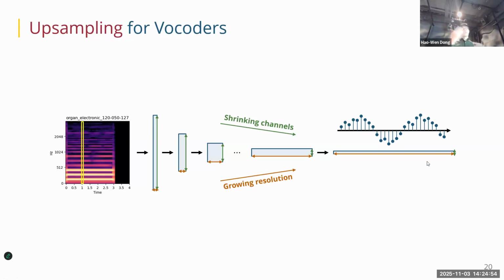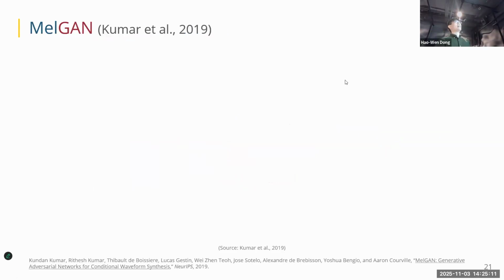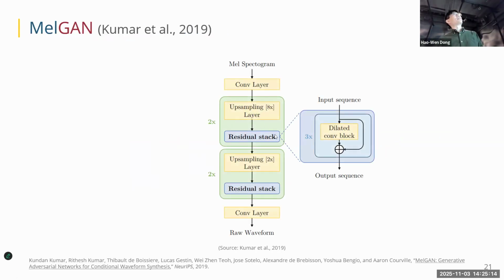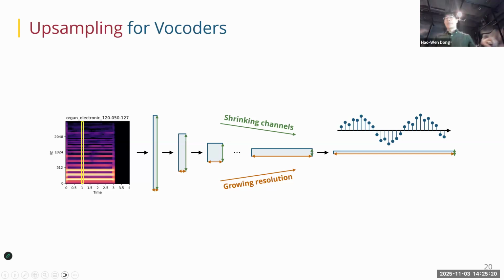If you think about it that way, you understand how this convolutional neural network plays with resolution, sort of stretching and compressing. That's essentially what MelGAN is doing in all these internal upsampling layers: growing the resolution, but shrinking the channels, where you want to keep the additional information.